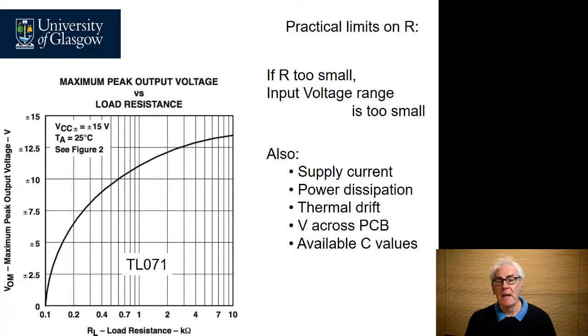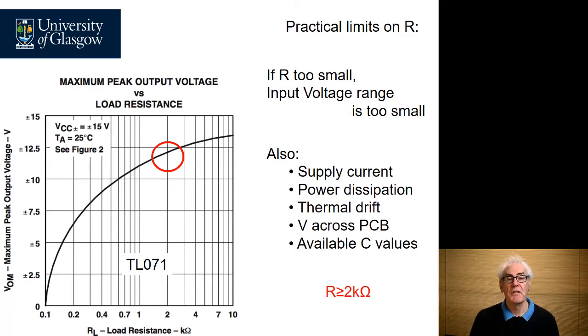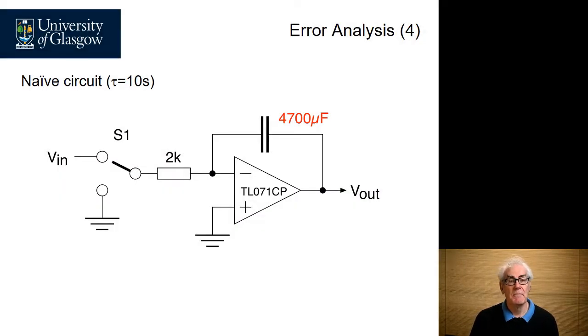It is also impacted by the available values of capacitance. So we're going to choose a resistance R greater than or equal to about 2 k ohms. And that gives us a reasonable trade-off of output voltage capability compared with current and also the choice of values.